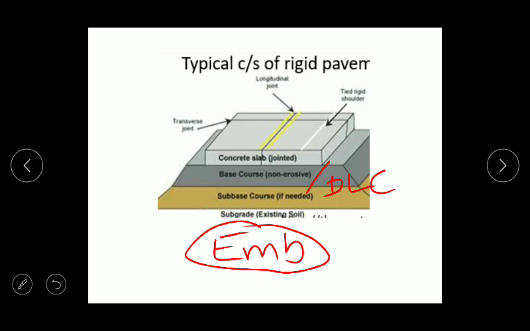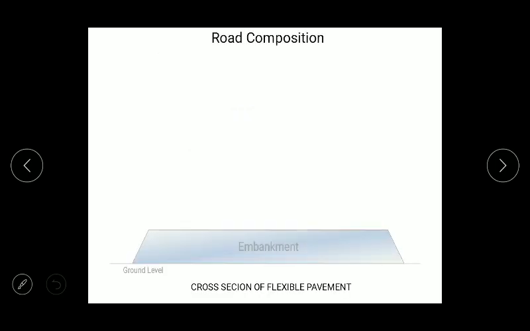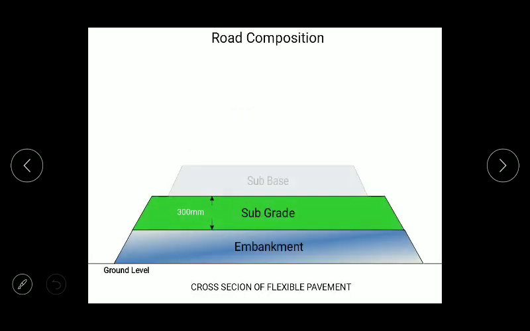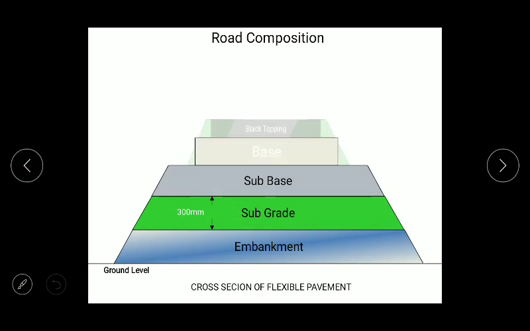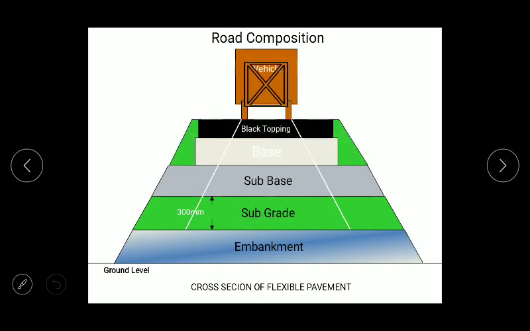Flexible pavement and rigid pavement, what is the difference between these two? For flexible pavement, I can list out some points. First, it consists of a series of layers with the highest quality material at or near the surface. Second, it reflects the deformation of subgrade and subsequent layers on the surface.